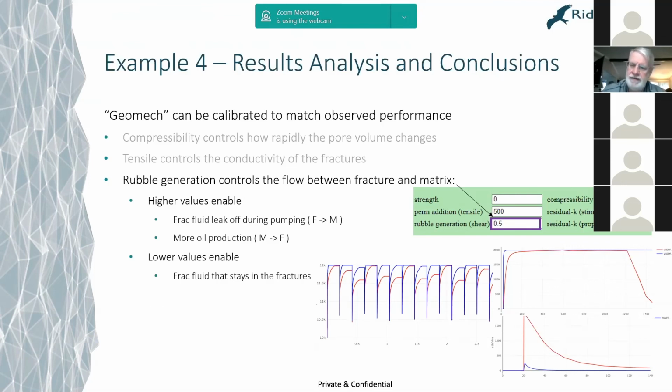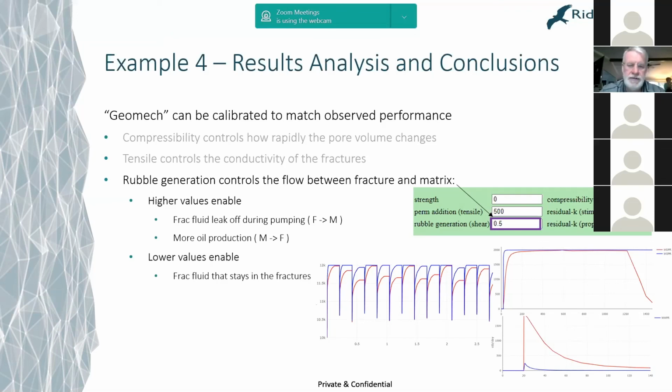And together they determine what length you get for the half length of the fractures, how conductive they are, how much leak-off you get. One thing that we don't go into here is that the height growth and such is going to be relative to the magnitudes of the stresses that we put in, which is another potential unknown, or maybe you have a good handle on that.